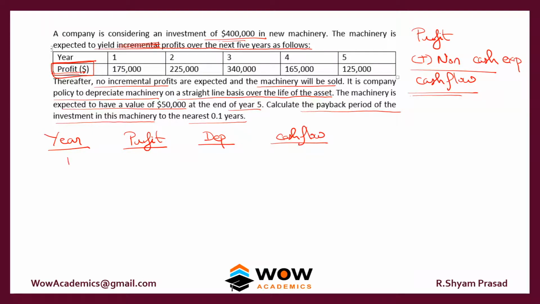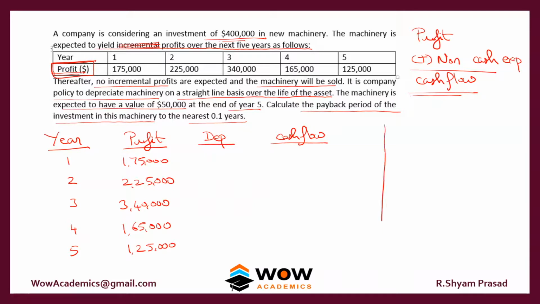So we'll have years 1, 2, 3, 4 and 5. We'll add the profits. Profits are 1,75,000, 2,25,000, 3,40,000, 1,65,000 and 1,25,000.